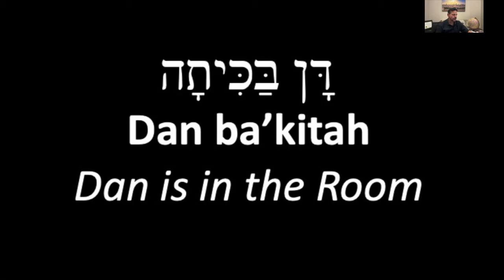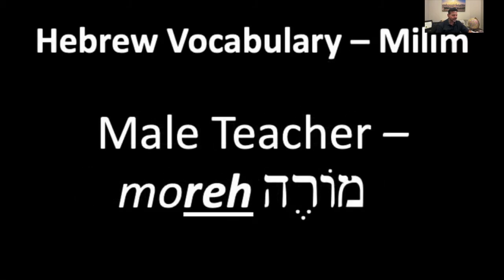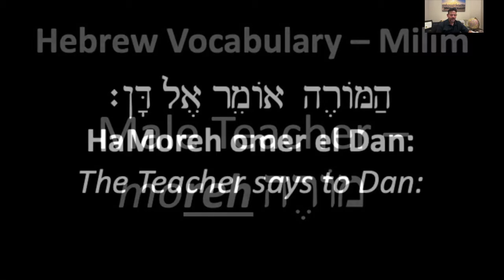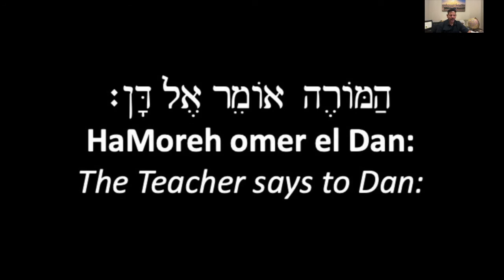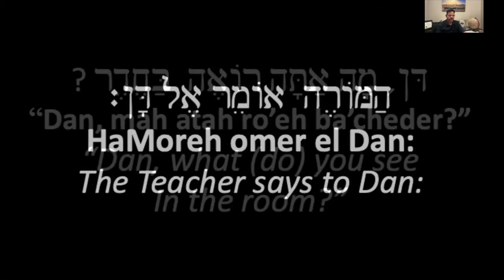Remember, we learned the word more is teacher. So what if we have the teacher talk to Dan? So hamore, the teacher, omer, which means to say, el, which means to, Dan. The teacher says to Dan. Wouldn't you like to know what the teacher said? The teacher says this.